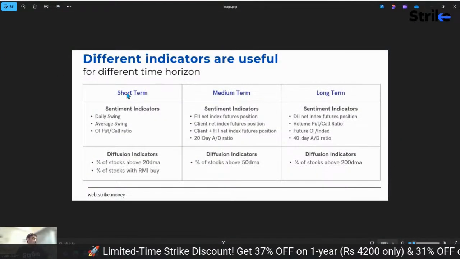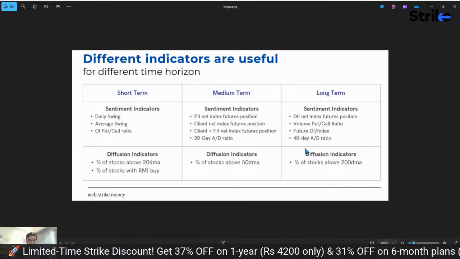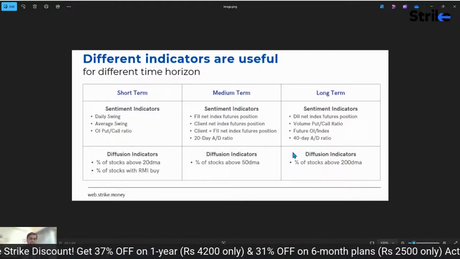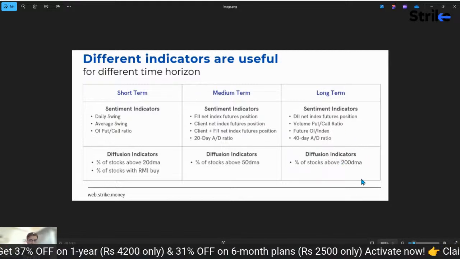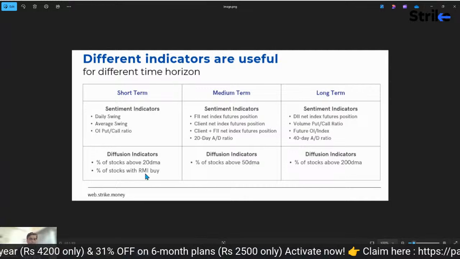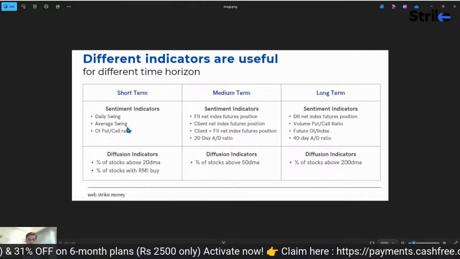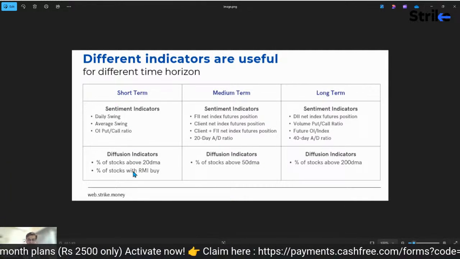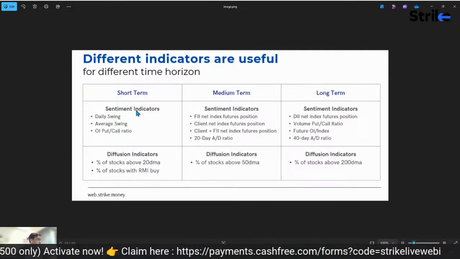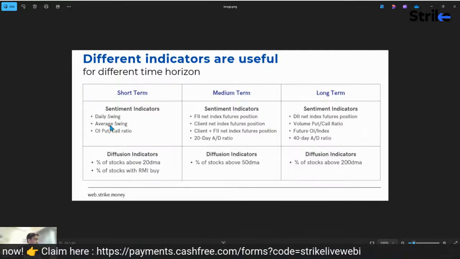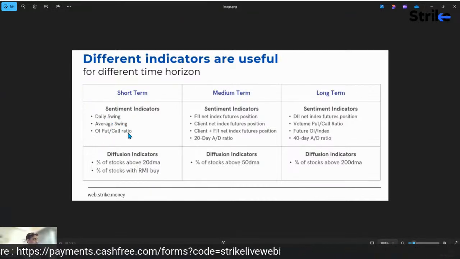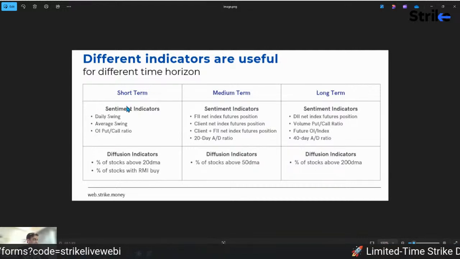You can take a screenshot of this as well for your understanding, for your learning. All right, I hope you guys can see the font size is correct. So sentiment indicators: daily swing, average swing, open interest, put call ratio. These are the short term indicators.